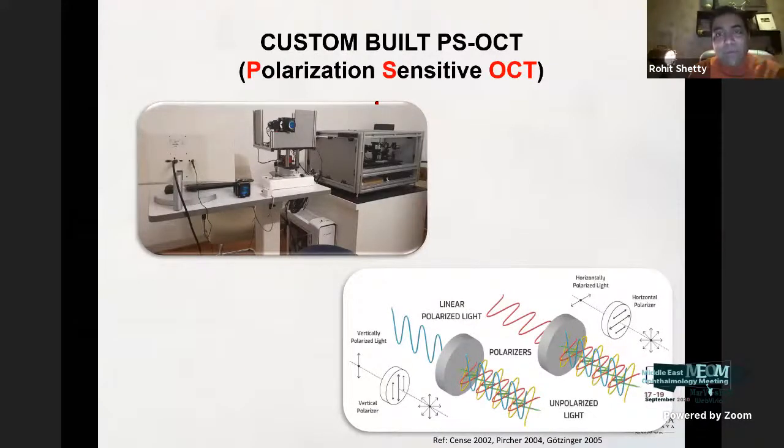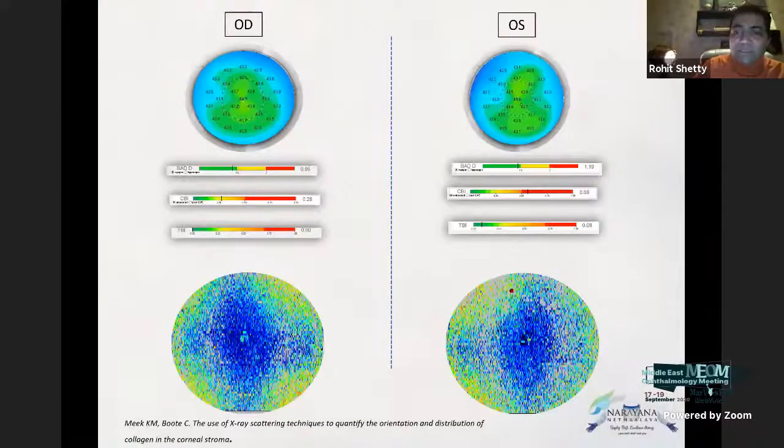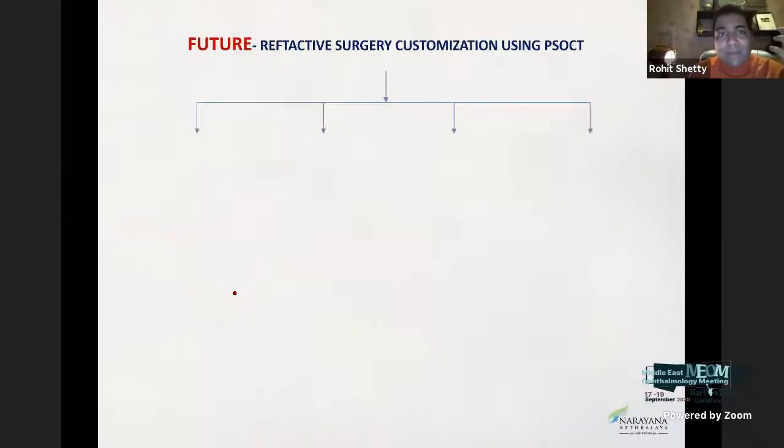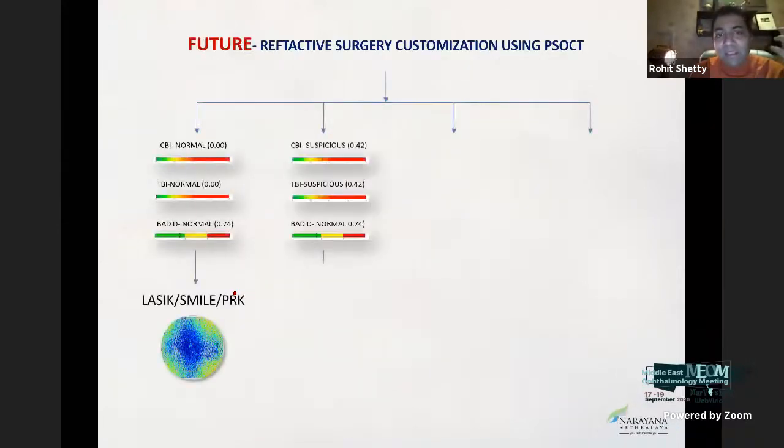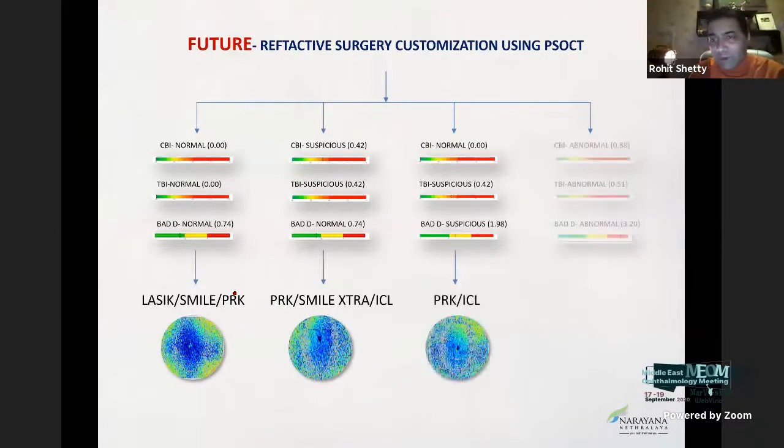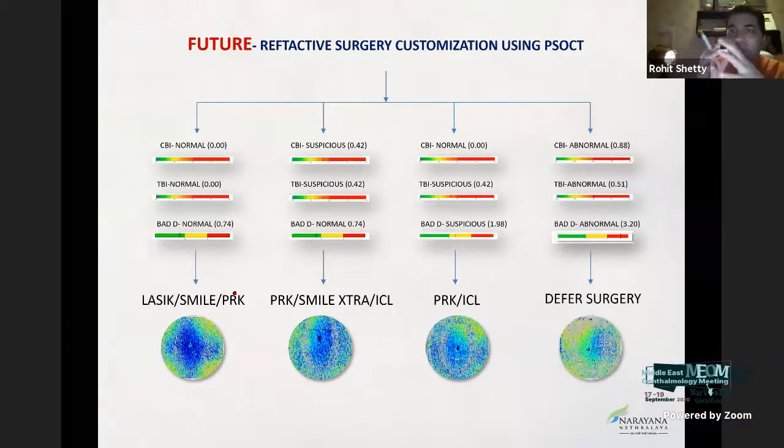We built our own polarization sensitive OCT, which looks at the collagen imaging. This is how the collagen imaging looks. This is your peripheral fibers. This is your central fibers. We started looking at different corneas, and this is what I'm saying is the future. It tells you a completely different dimension. You can see that if it's normal collagen, you do your normal surgeries.